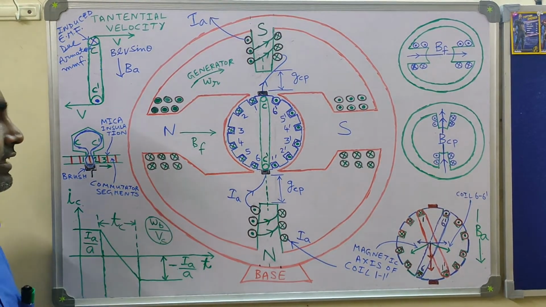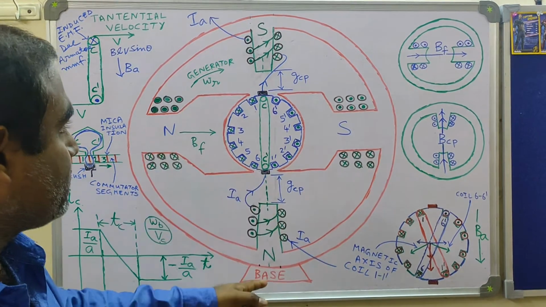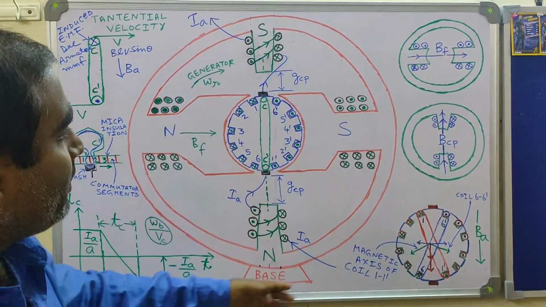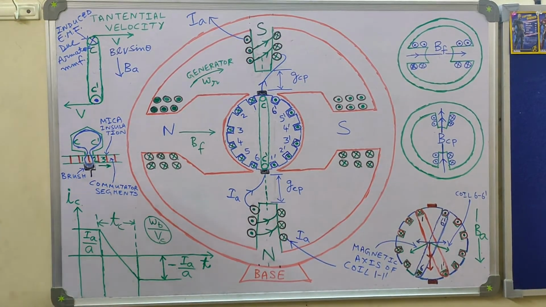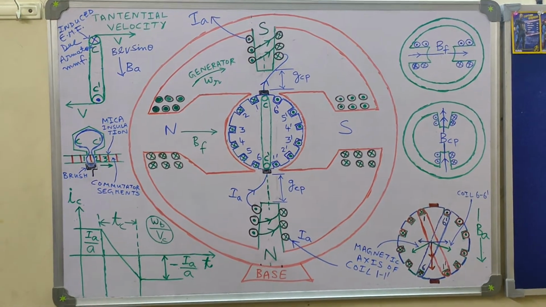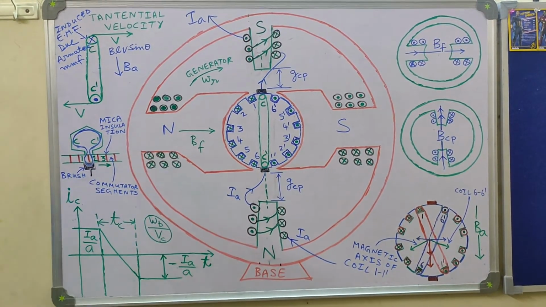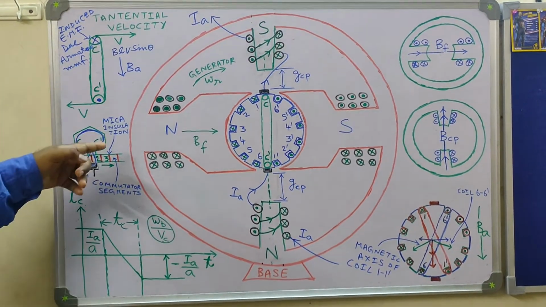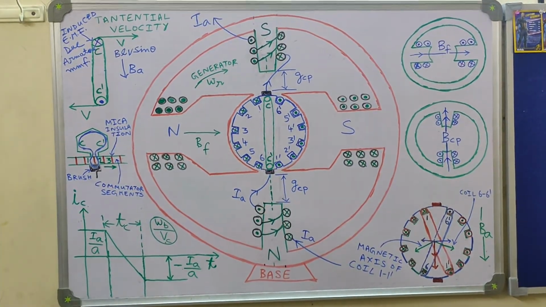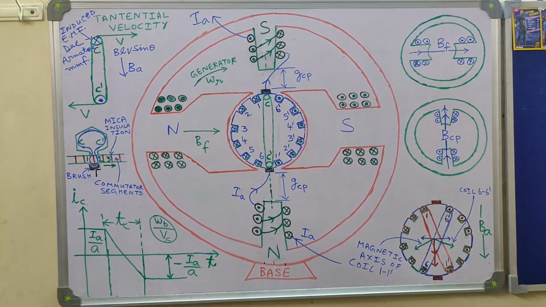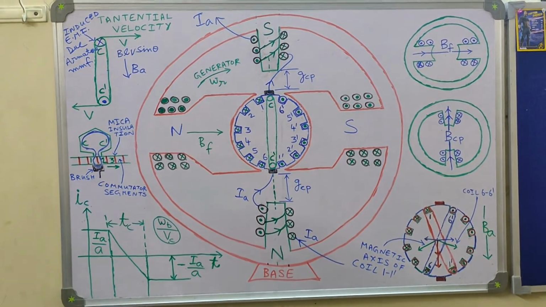What I am saying is that the interpoles should develop a flux density which will help in inducing an EMF in the commutated coil. And the nature of the induced EMF in the commutated coil due to the interpoles should aid the commutated coil to achieve the desired polarity.